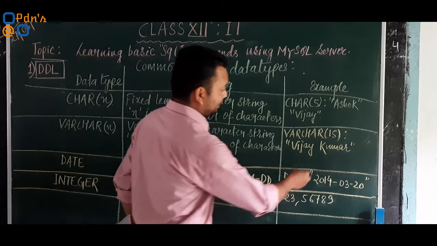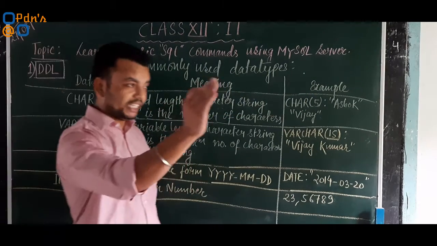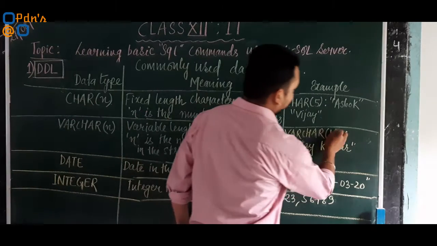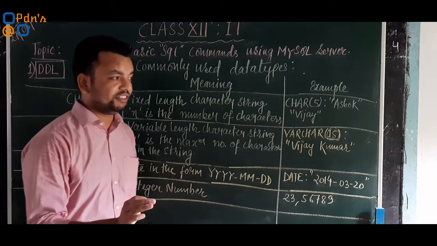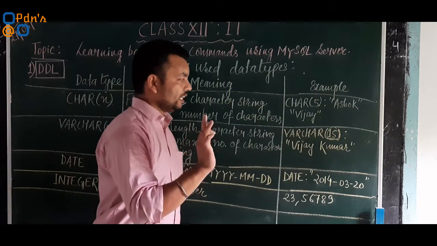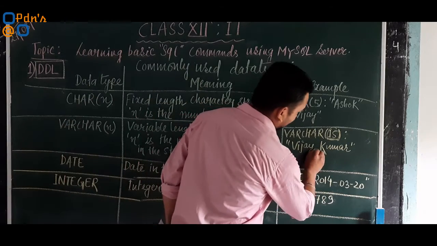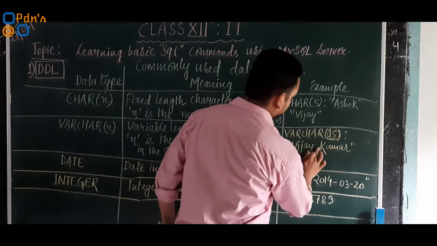Now the maximum capacity of that particular string will be 15, but it can be less than that also. It should not be more than 15 characters. It should always be less than 15 characters, or equal to 15 characters. And in between, we can also keep space, underscore, at the rate, special symbols, anything can be inserted.